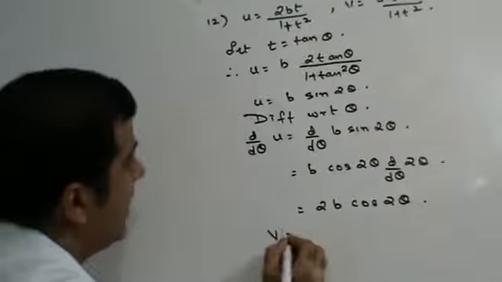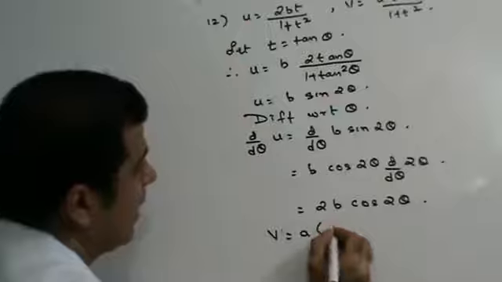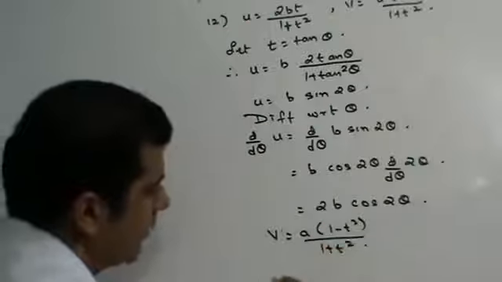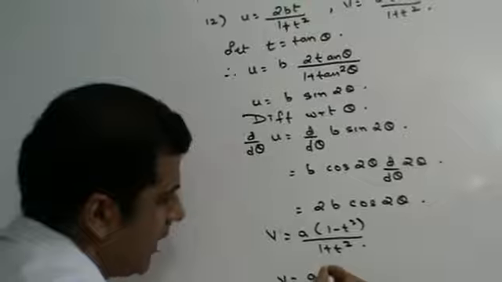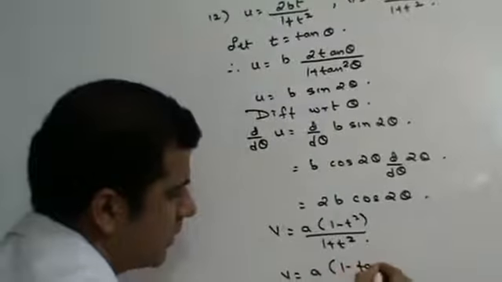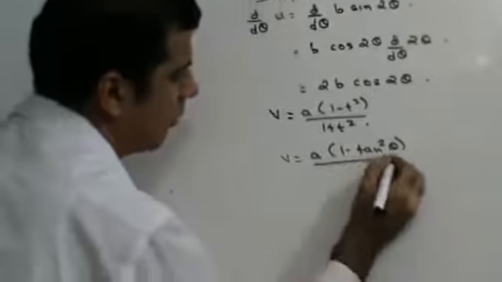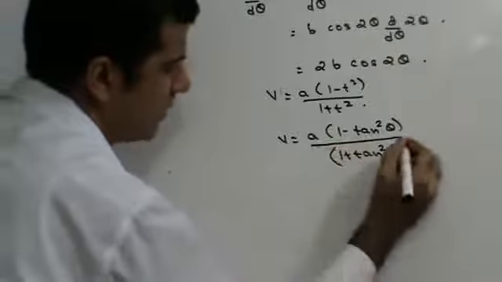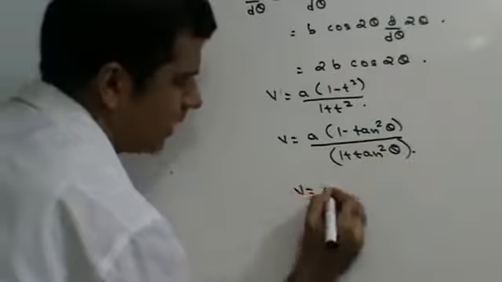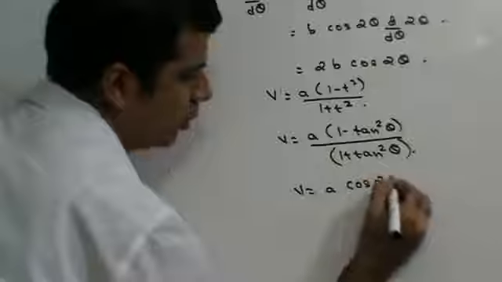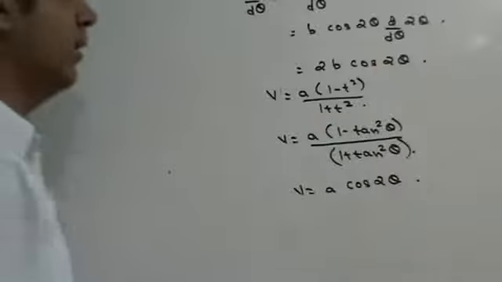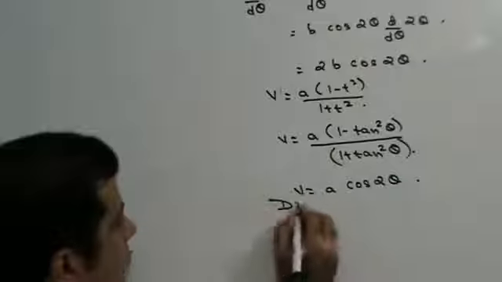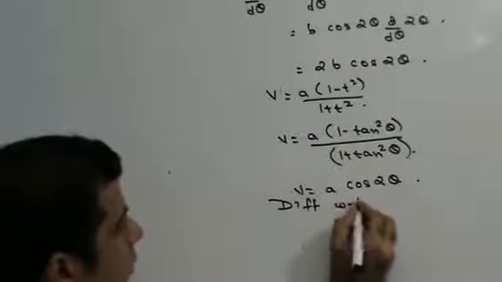Similarly, v is given to you as a times 1 minus t square upon 1 plus t square. Substitute the value of t, so 1 minus tan square theta upon 1 plus tan square theta, which is nothing but cos 2 theta. Multiple angles. Now differentiate with respect to theta.